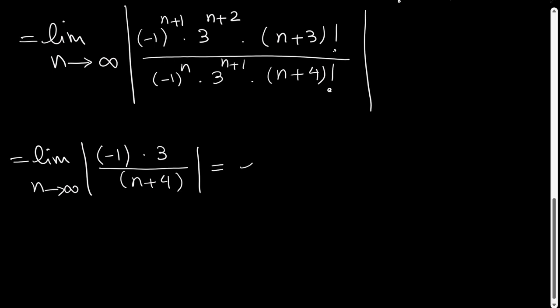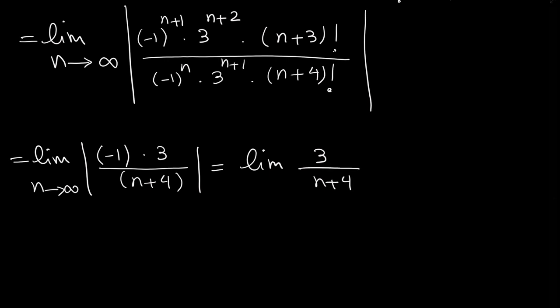It is equal to the limit of 3 divided by n+4 when n approaches infinity. Now if we plug in infinity, the denominator is infinity, and 3 divided by infinity is 0.